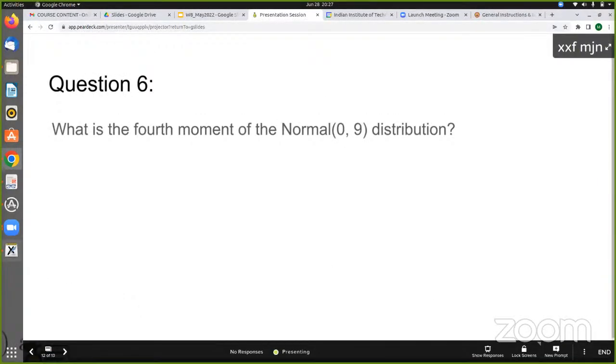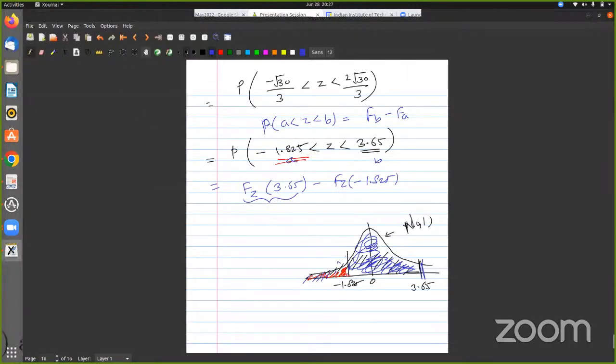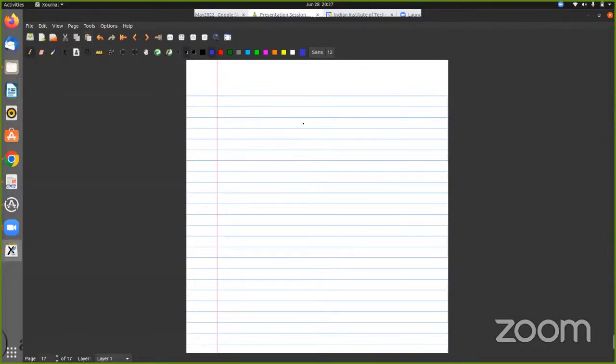I'll write it down here. Let's say x is my normal distribution. Then the MGF of x is the expected value of e to the power lambda x, which is e to the power sigma square lambda square by 2.